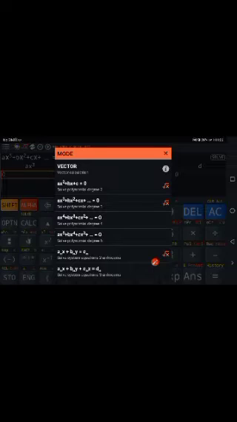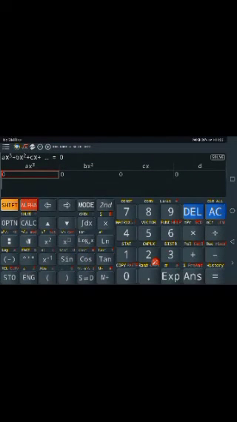The coefficient of x cube is a, the x square coefficient is b, the x coefficient is c, and the last one is the constant. Select this one. So a, in our problem, is 1.